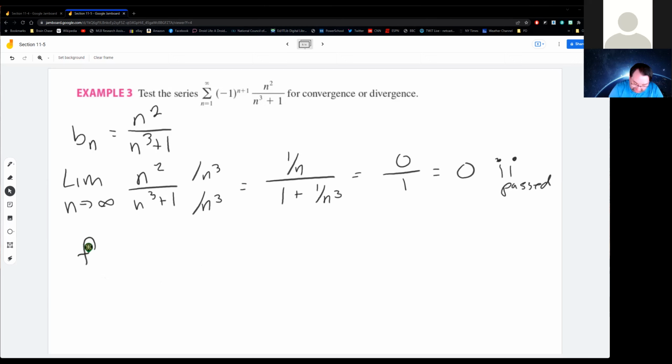My derivative of this is a quotient. There you go, quotient rule. Hold on a second, lost my pen.